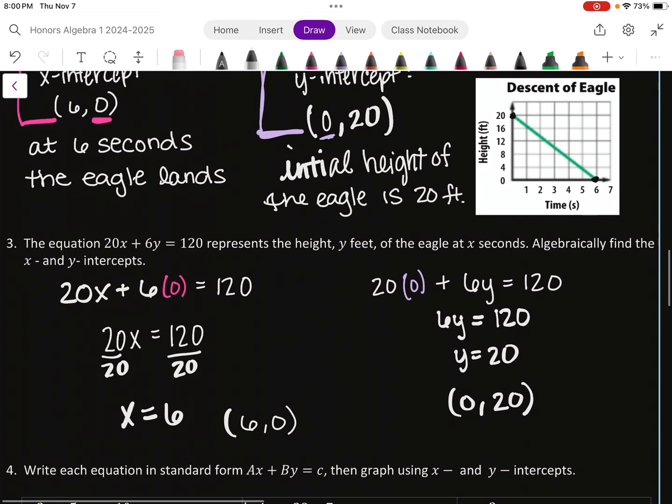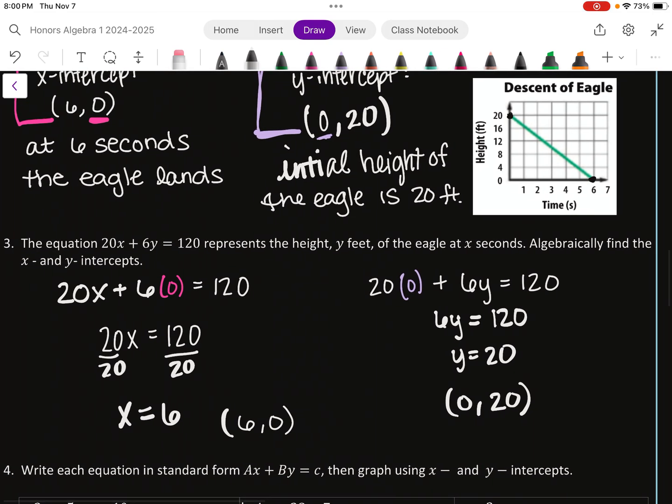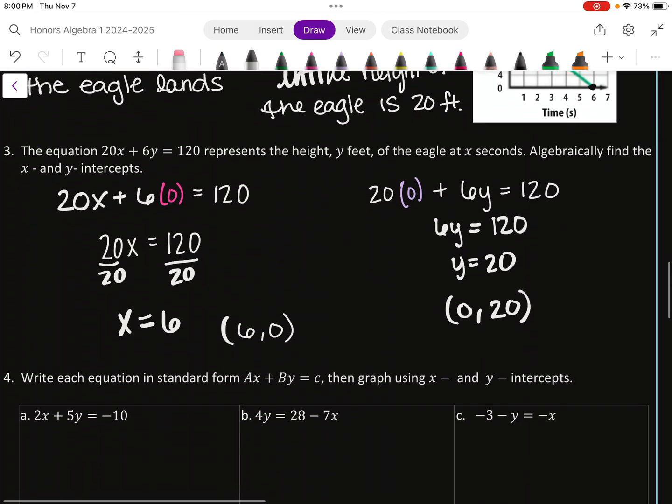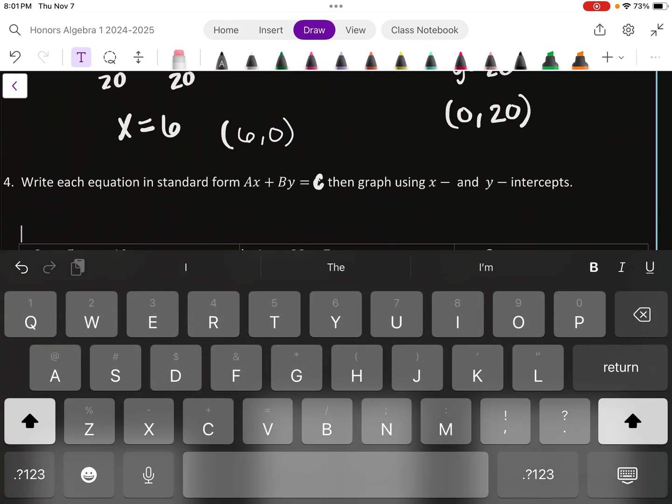So we got some of these here. Write each equation in standard form, Ax plus By equals C. Oh, that should be a capital C. Ax plus By equals C. Then graph using the x and y intercepts.